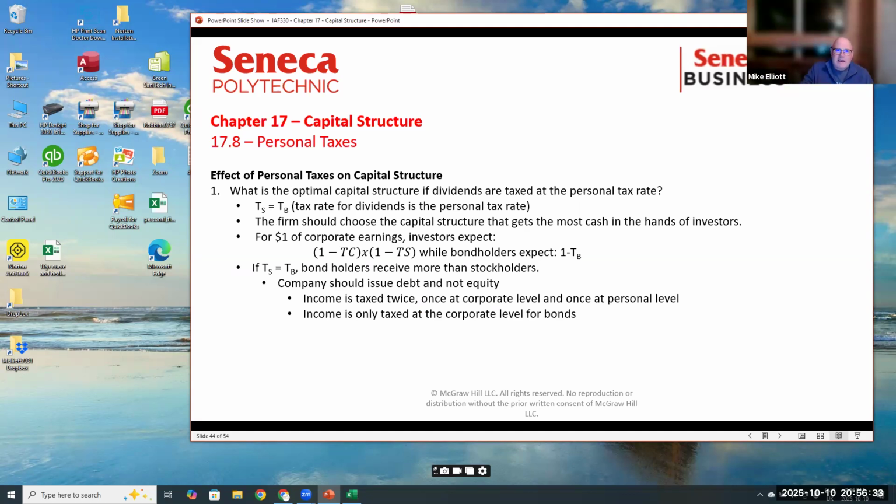Should the firm choose the capital structure that gets the most cash? The firm should choose the capital structure that gets the most cash in the hands of investors. Remember, investors own the company. They want the most money they can get. So, for $1 of corporate earnings, investors expect to get 1 minus the corporate tax rate times 1 minus my personal tax rate, while bondholders are expected to get 1 minus the bond rate.